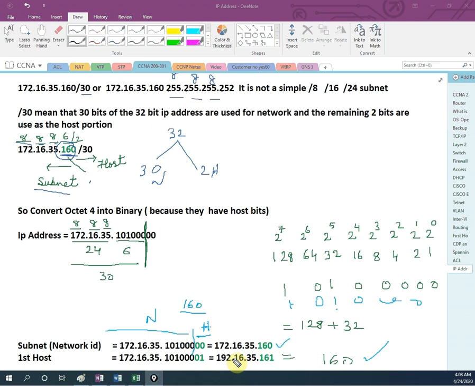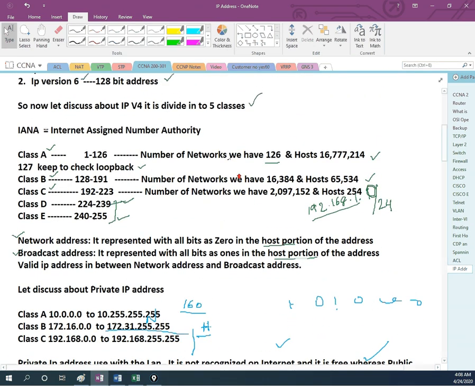Okay, then next, if we want to calculate the first host, how are we going to calculate it? We need to make all bits 0 and keep the last one as 1. Let me show you. Actually this hung, that's why it was not changing. Yeah, now it is okay.